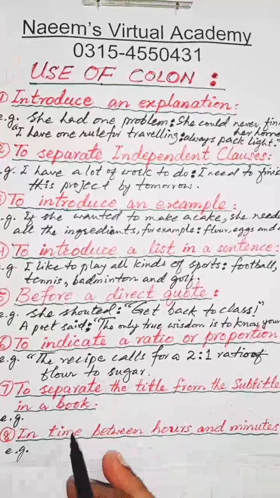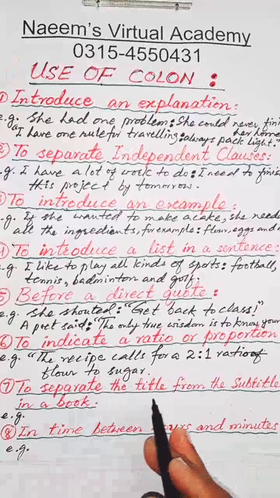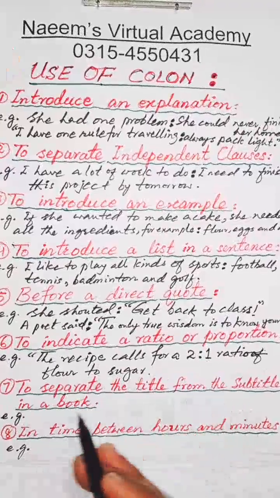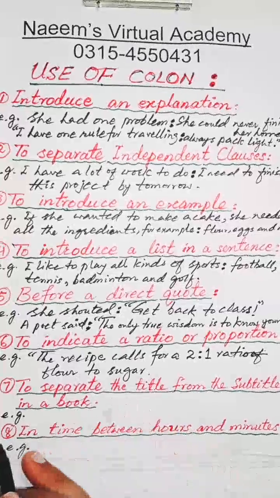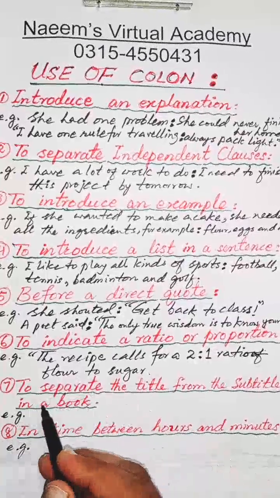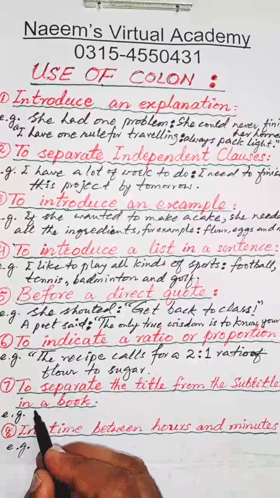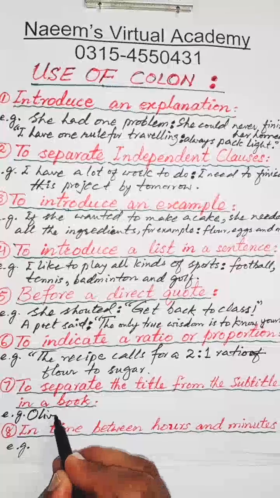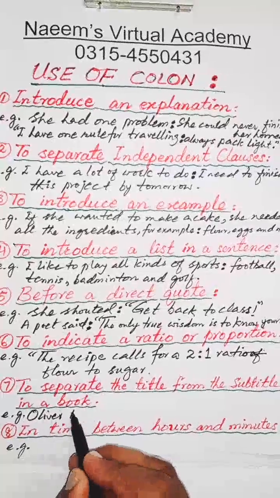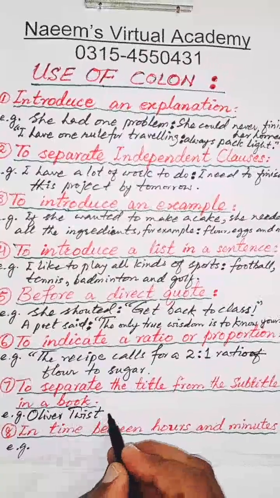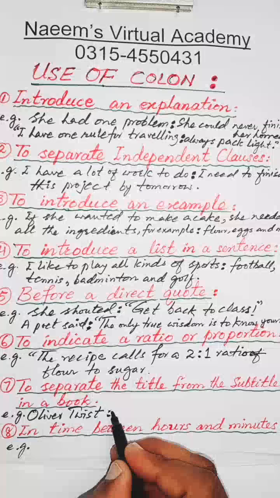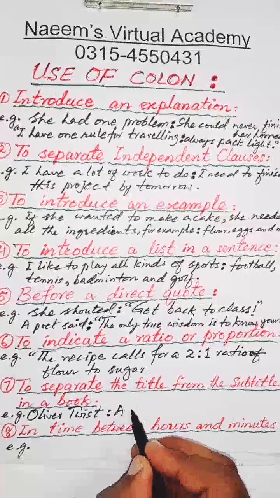Number 7, to separate the title from the subtitles in a book or novel or any literary work, right? You can write like this: Oliver Twist, colon, a novel by Charles Dickens.